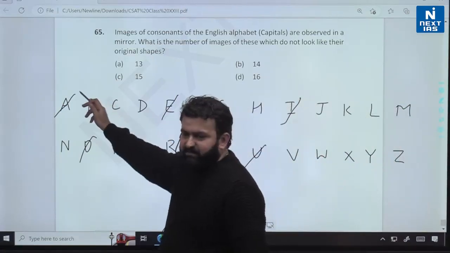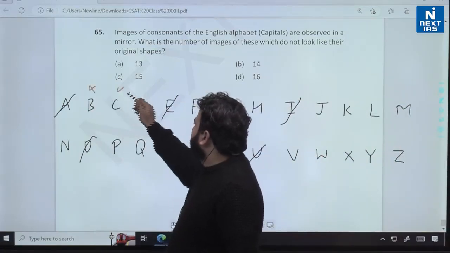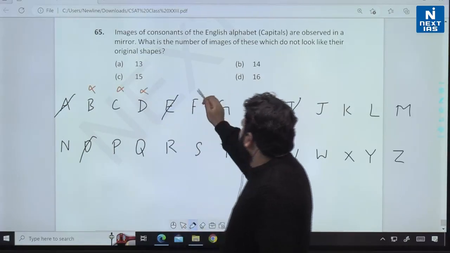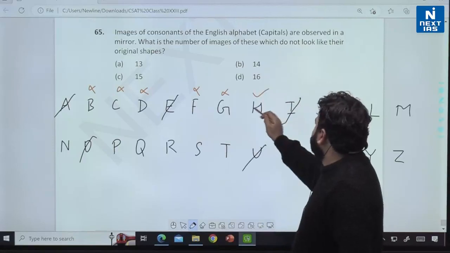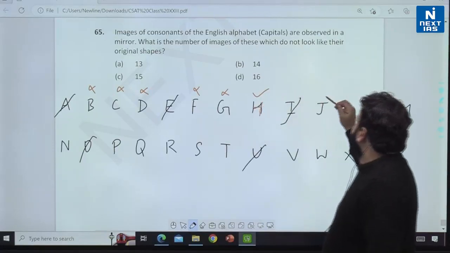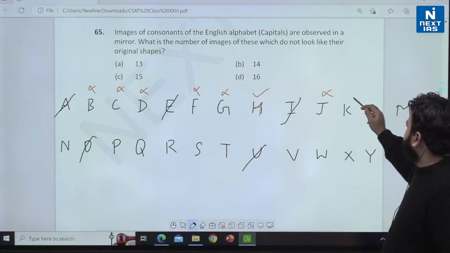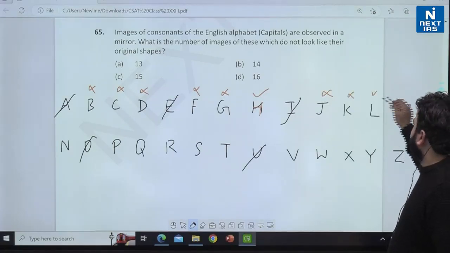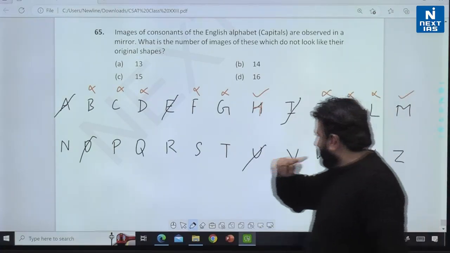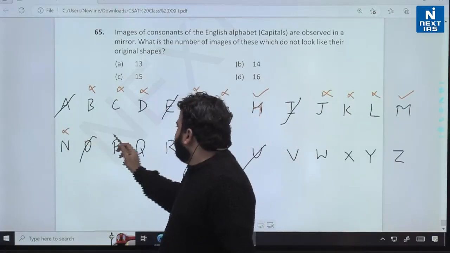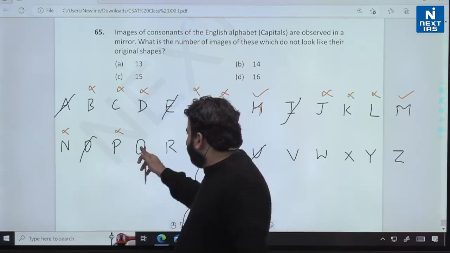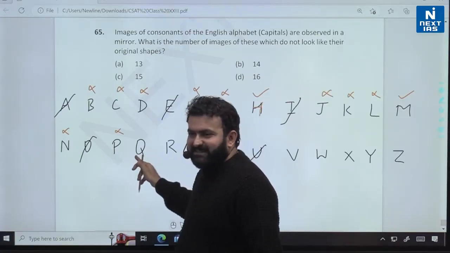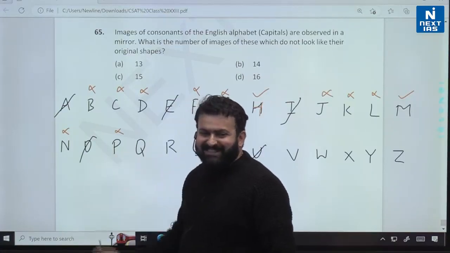B, will it look the same? C, D, F, G, H, J, K, L, M, N, P, Q. Those of you getting yes on the tail, look at the tail. In the mirror image the tail will come on the left hand side.